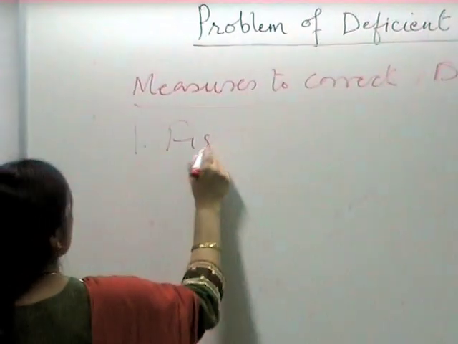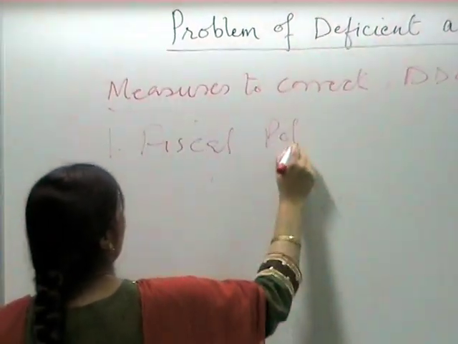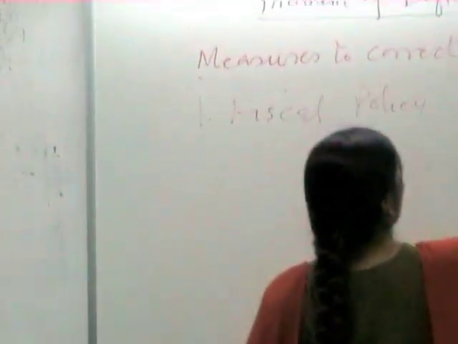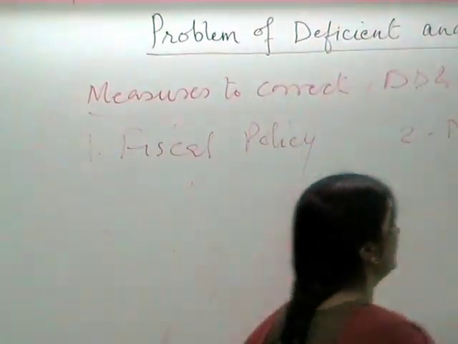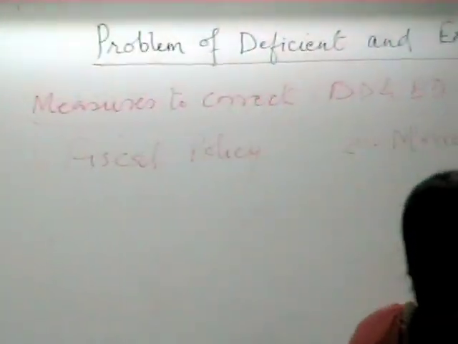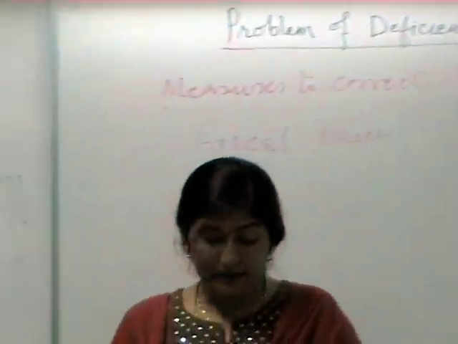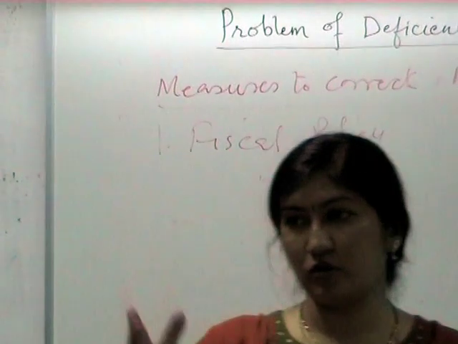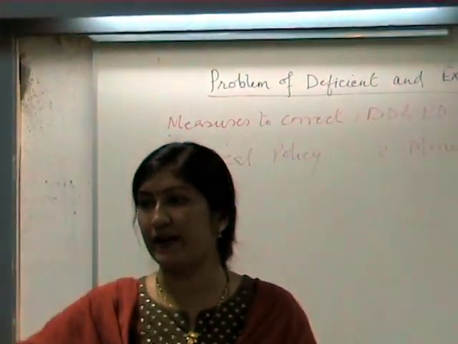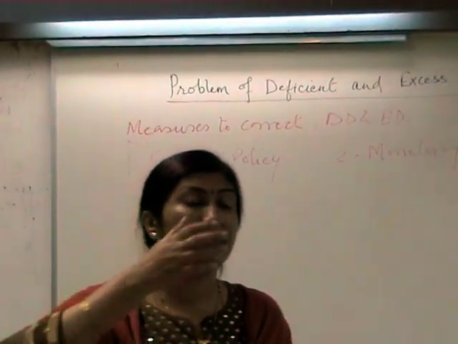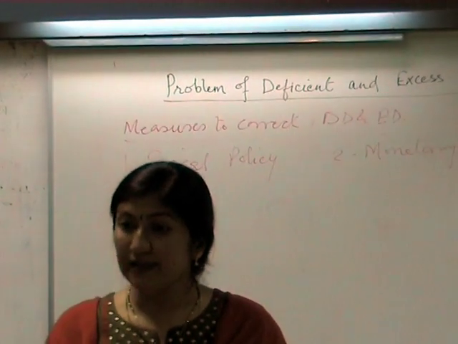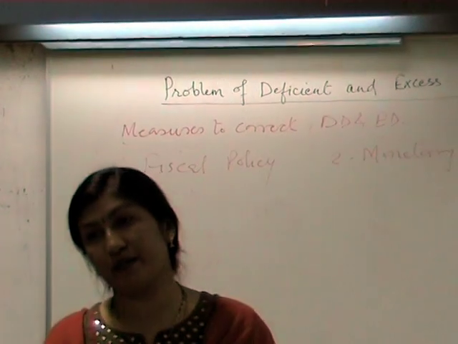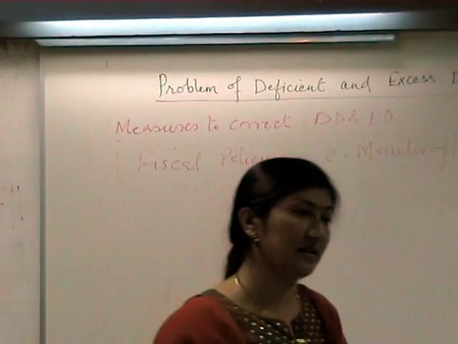One is the fiscal policy and the second one is the monetary policy. Now fiscal policy is related to, as you told, revenue and expenditure. We can really say the taxation and the public expenditure policy. The taxation and the public expenditure policy is known as the fiscal policy.